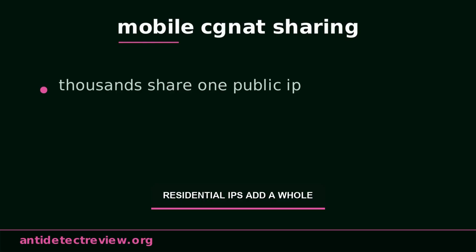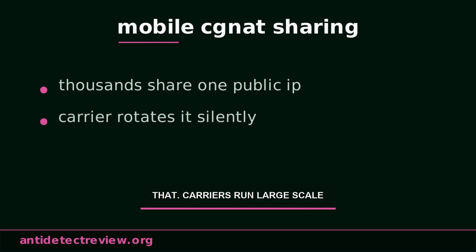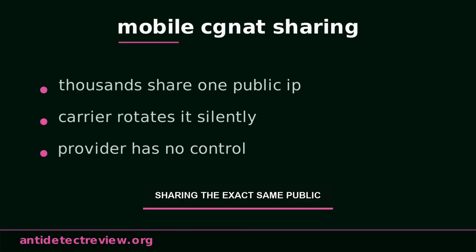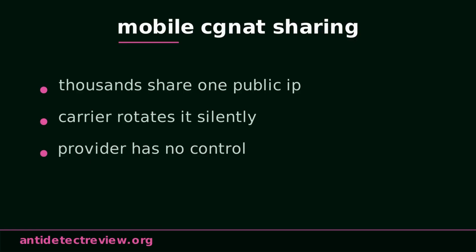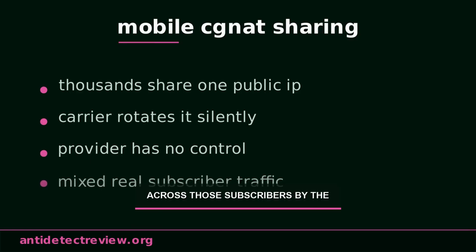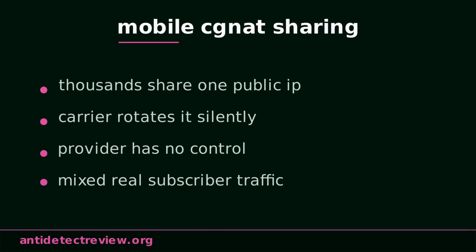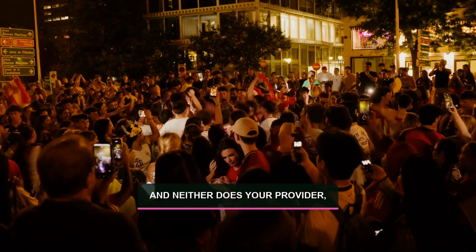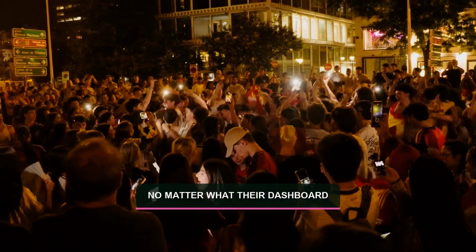Mobile residential IPs add a whole extra layer on top of that. Carriers run large-scale CGNAT, so hundreds or even thousands of subscribers can be sharing the exact same public IP at the same moment. And that IP gets rotated across those subscribers by the carrier's own infrastructure, not by whoever is selling you the proxy. You don't control that rotation, and neither does your provider, no matter what their dashboard promises.